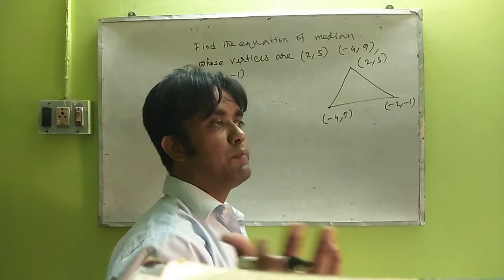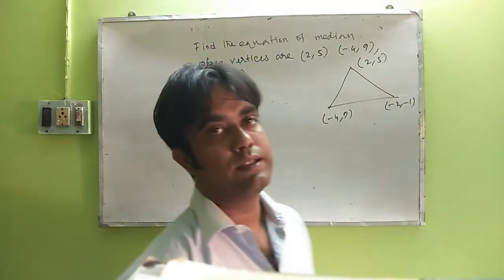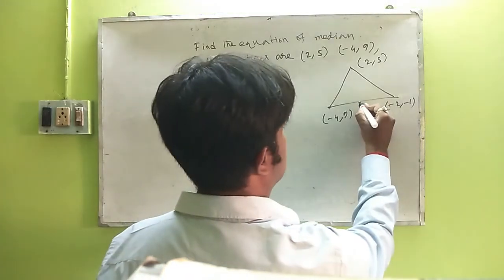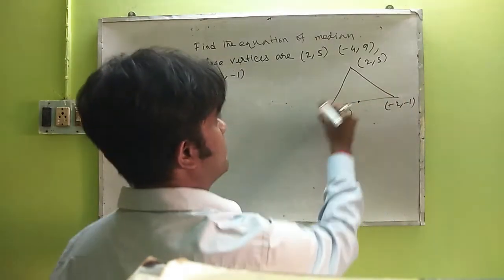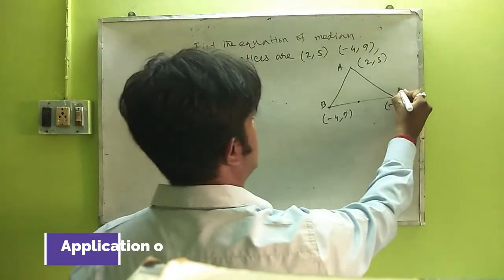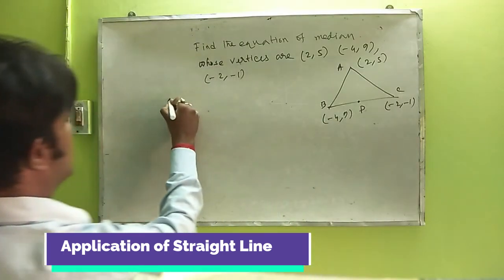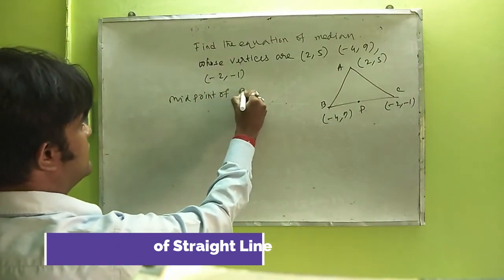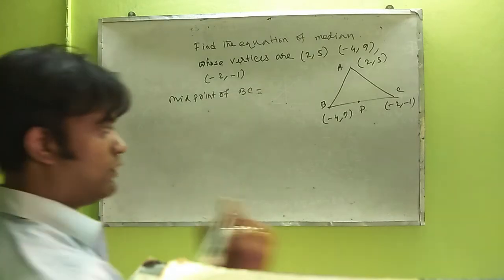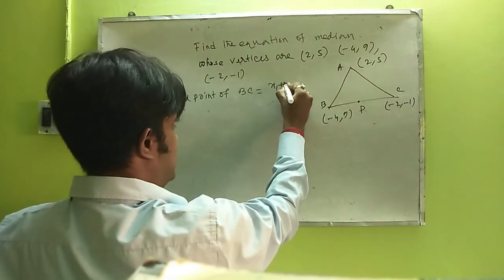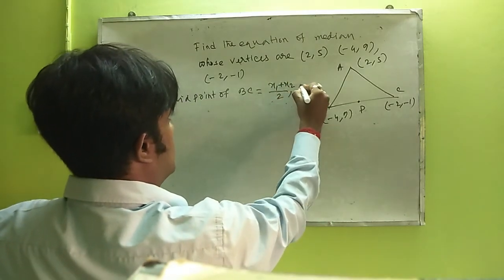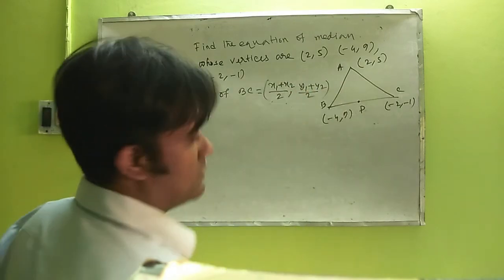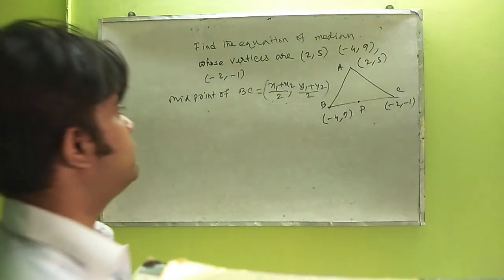So in the previous sum we calculated the equation of altitude. Here we calculate the median. That is, you find the midpoint of this BC. Suppose the midpoint is P. We know the formula of midpoint, x1 plus x2 by 2, this is the midpoint formula.